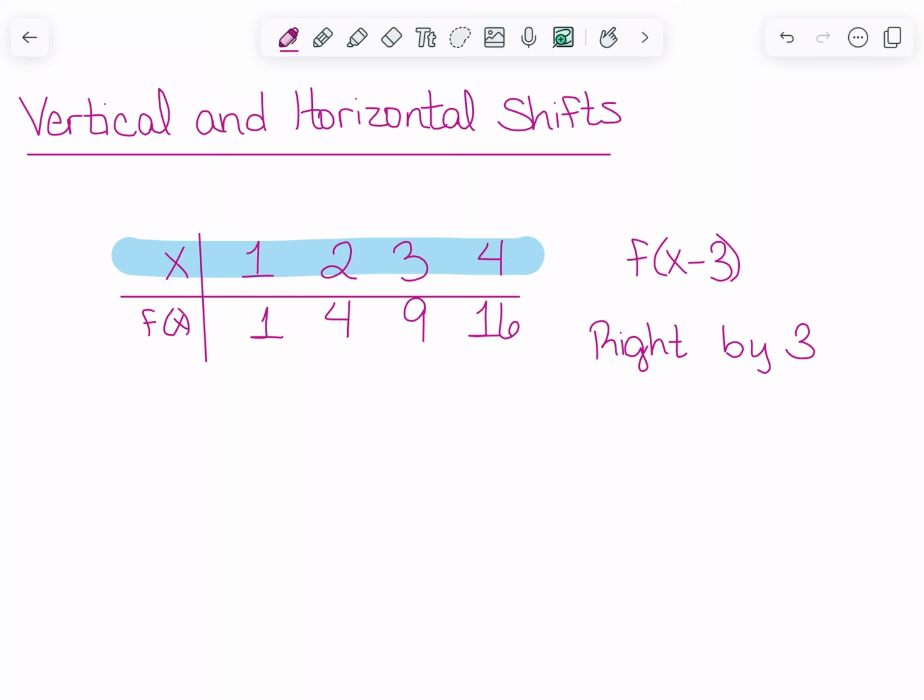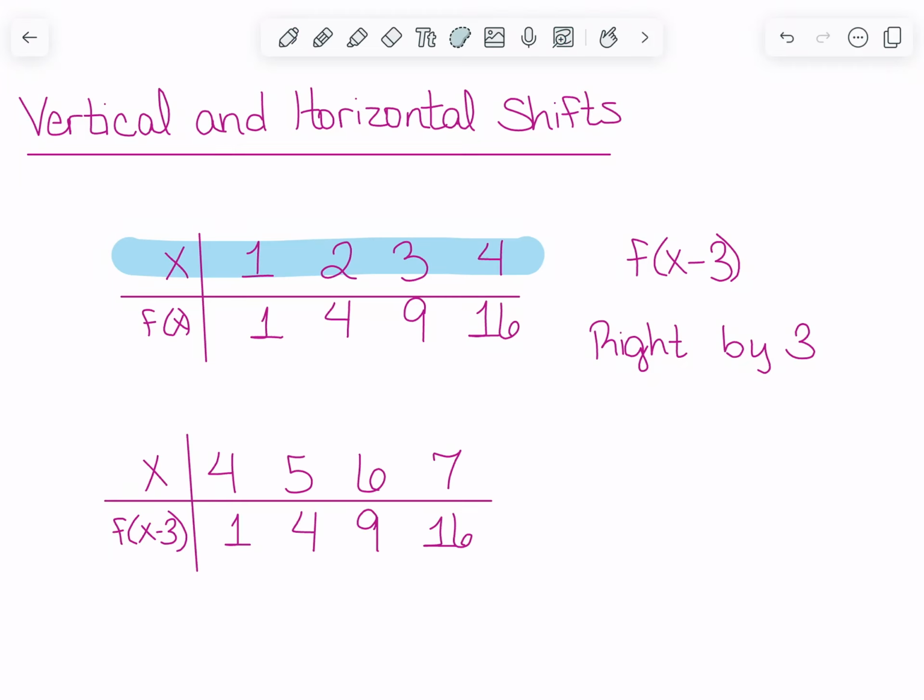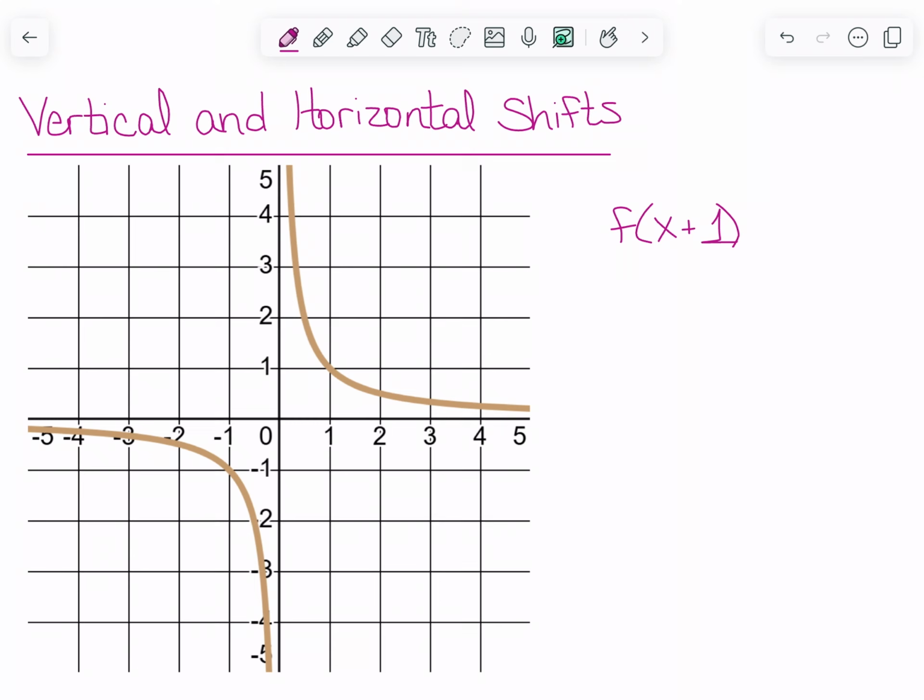This tells us that we need to add the value of 3 to each of our input values. That gives us this table here. 1 plus 3 is 4, 2 plus 3 is 5, 3 plus 3 is 6, and 4 plus 3 is 7.